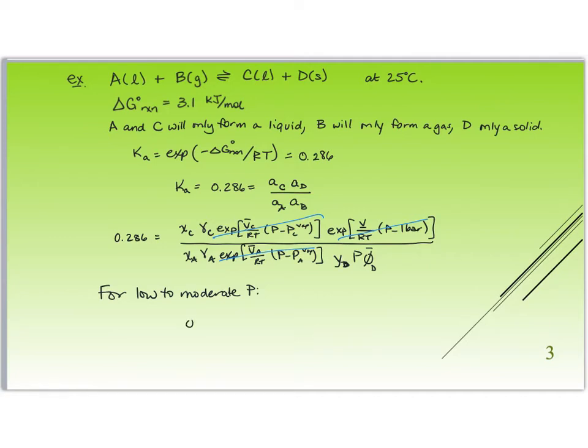And in the denominator, phi, the fugacity coefficient, will be very approximately 1. And so I end up with this as my approximation for low to moderate pressures.